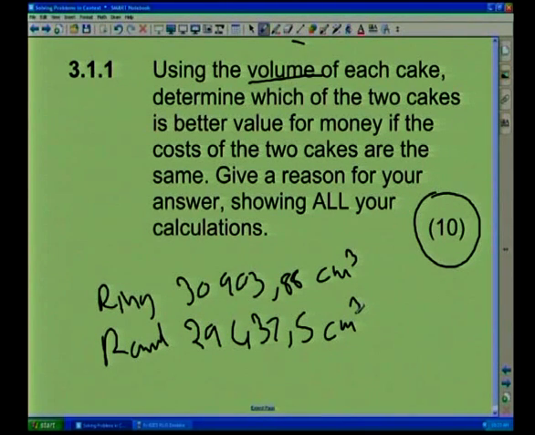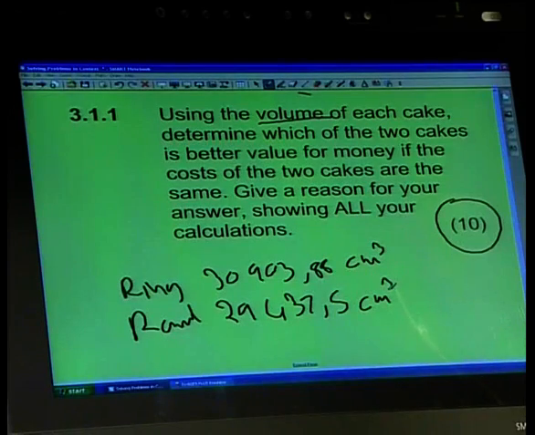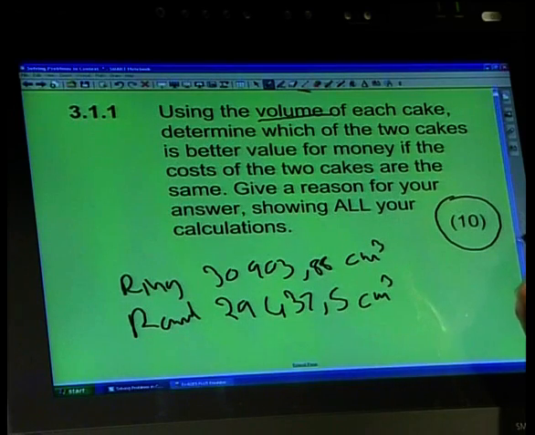Now we're able to make a comparison. We were told that the cost for these two cakes is exactly the same. Well, a greater volume would mean that there literally is more cake available. Even though the one might look slightly different to the other, once we've done the calculations, we can accurately compare the volume of each cake. And we can see that from the figures, our ring cake is slightly larger in volume than our round cake.